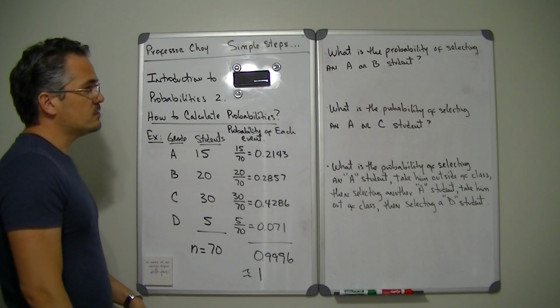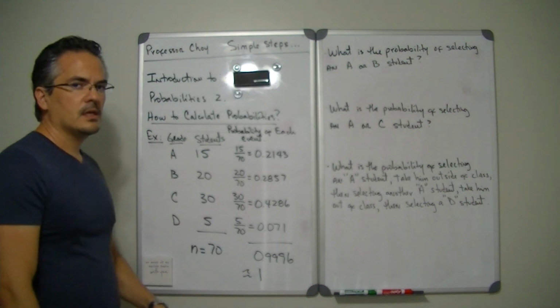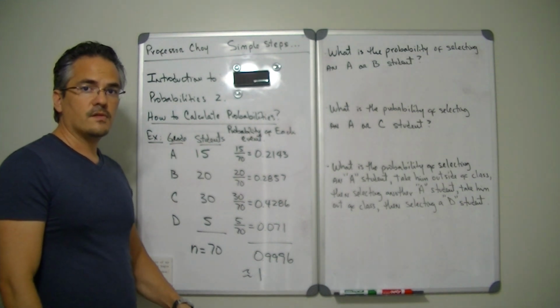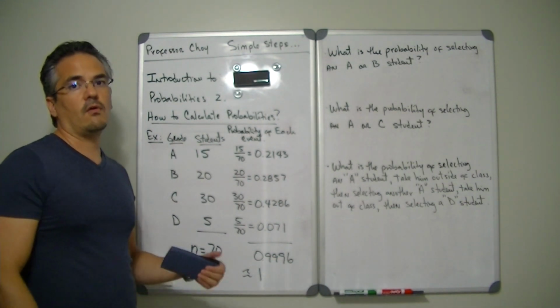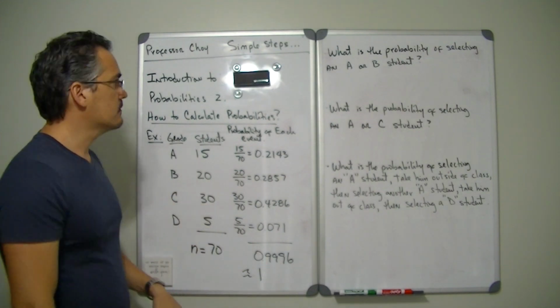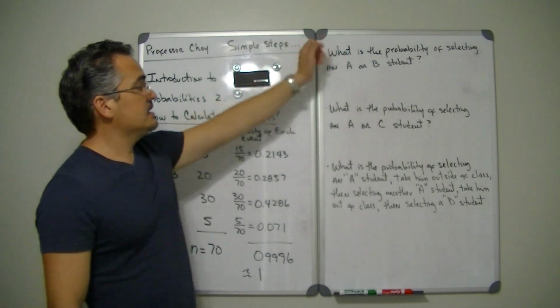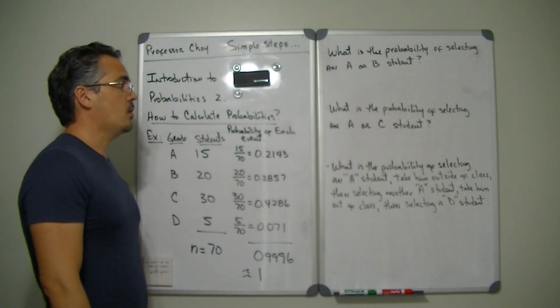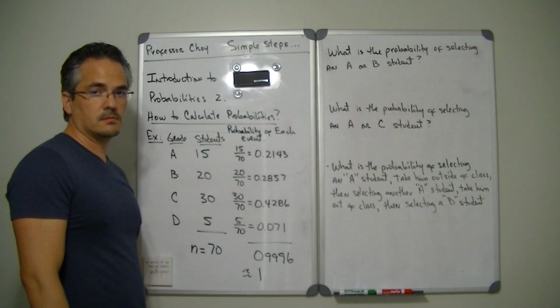Now, let's try to calculate probabilities that involve more than just one thing. So now we're going to add events or do something sequential instead. Imagine that somebody asks, what is the probability of selecting an A student or a B student?